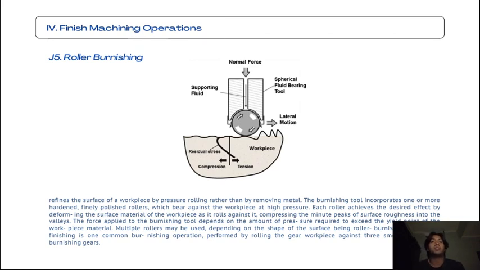Roller burnishing of holes can be substituted for or supplement reaming and boring. Typical parts that undergo the operation are cylinder bores, valve stems, piston rods, turbine shafts, pump plungers, and rolls for the plastic and paper industries.